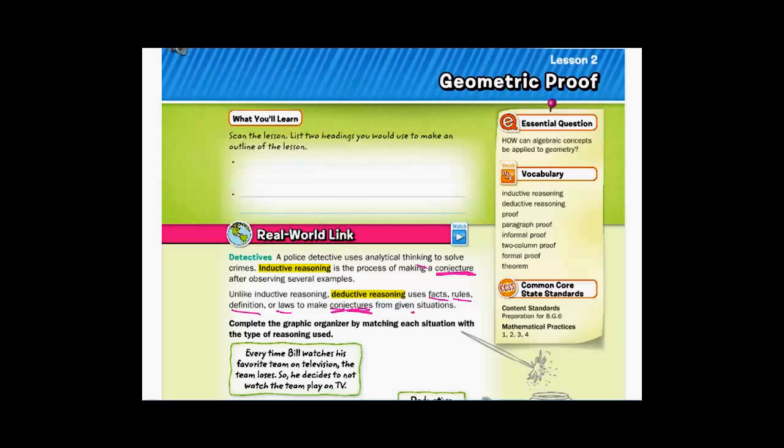Deductive means that you just use known facts, things that have already been stated before, things that are accepted to be true, definitions, laws, theories, and you use those to defend your position. So that's the difference, and that's what we're going to be using today.